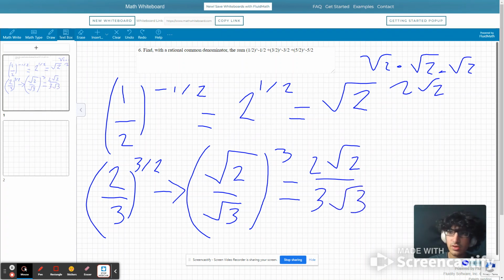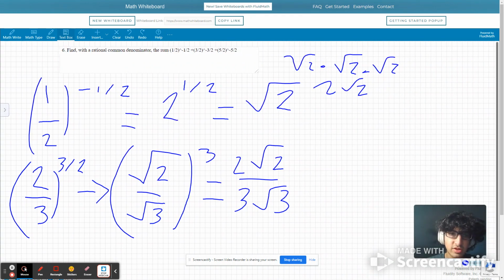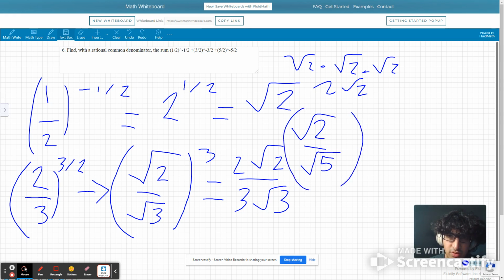And then the last one, let's do the same thing for (5/2)^(-5/2). And so let's rewrite that as (2/5)^(5/2). So let's rewrite that as square root 2 over square root 5, and that is raised to the 5th.